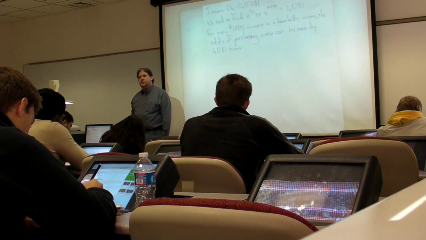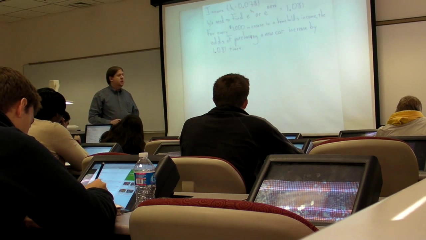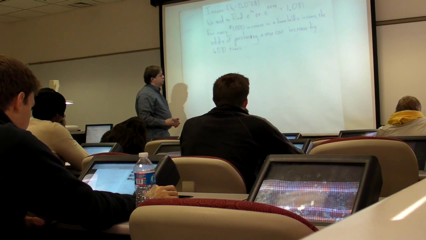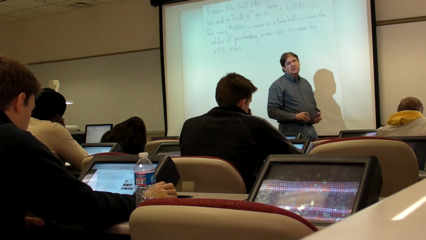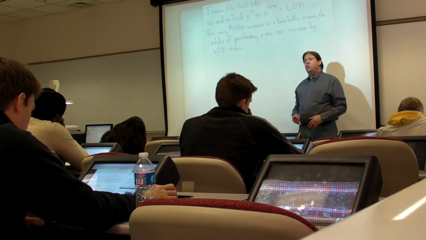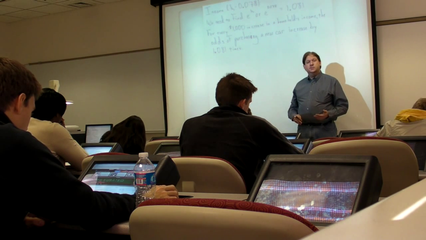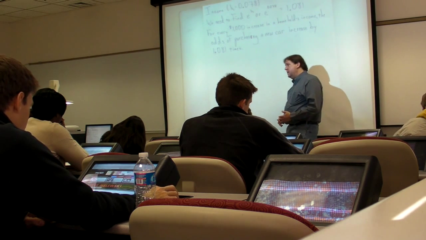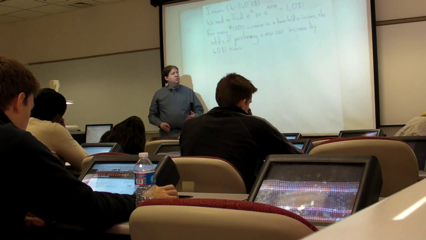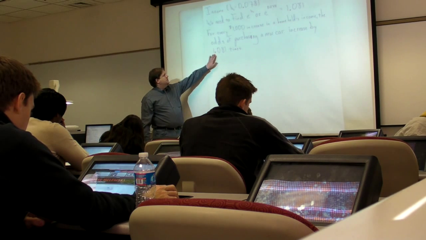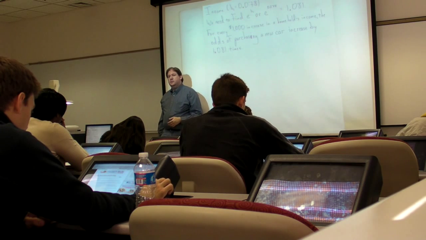1.081 times. So what you could say is that maybe before the odds of purchasing a new car were 20%. If my odds before were 20%, and all of a sudden my income increases by $1,000, the odds of me purchasing a new car would be 20 times 1.081.